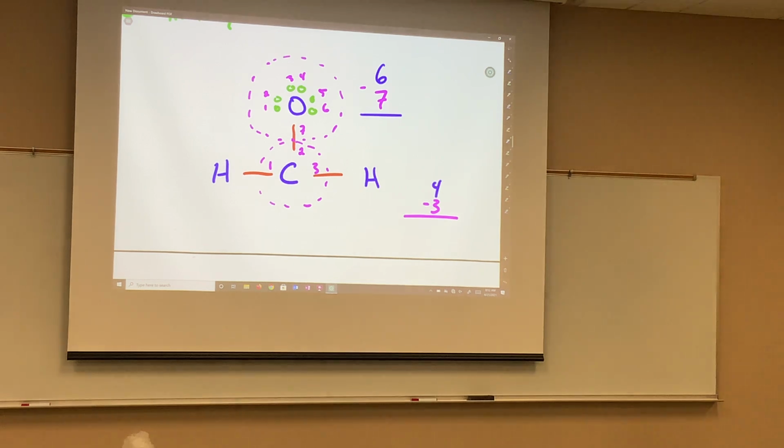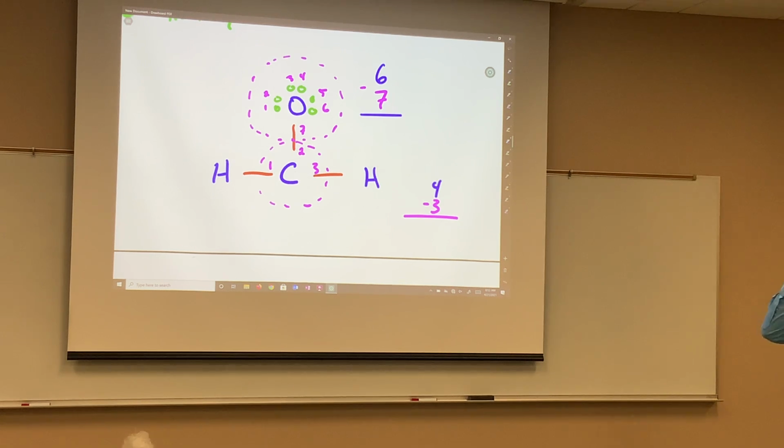When we have to put a formal charge on something, we want our electronegative atoms to have the most negative formal charge, right? I've got a -1 on my oxygen and a +1 on my carbon. That adds up to be 0, okay?